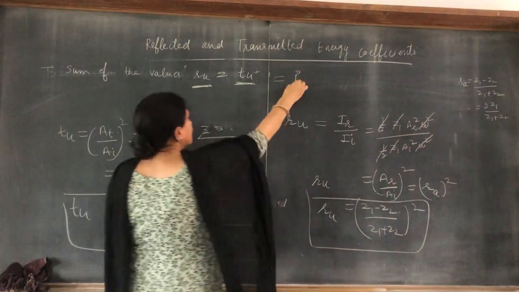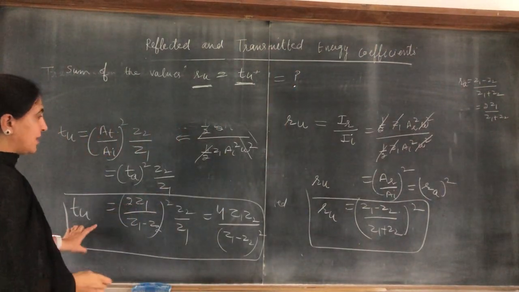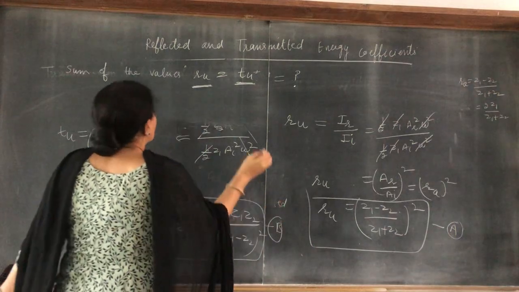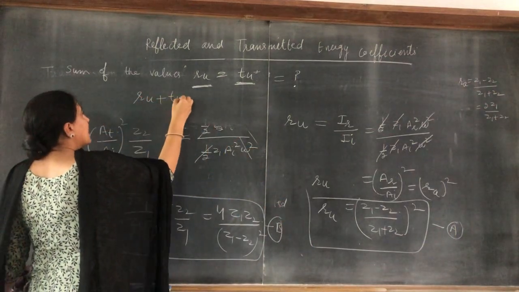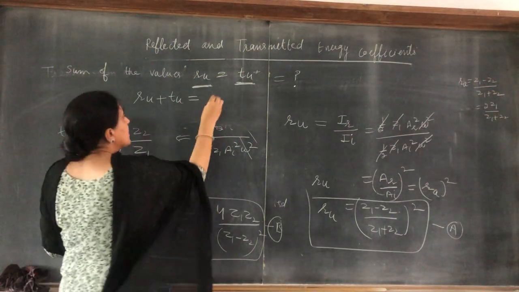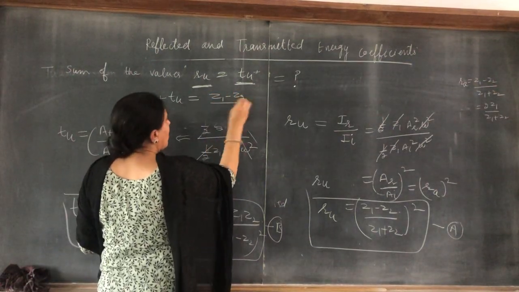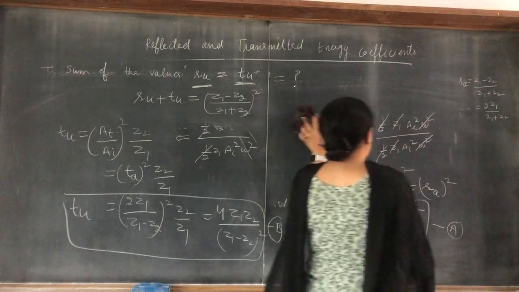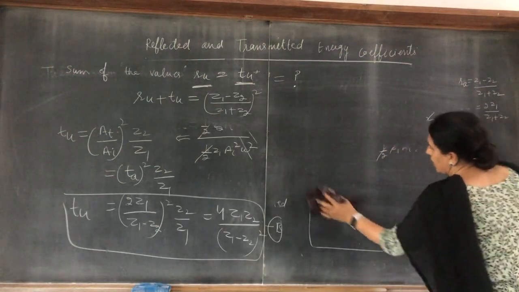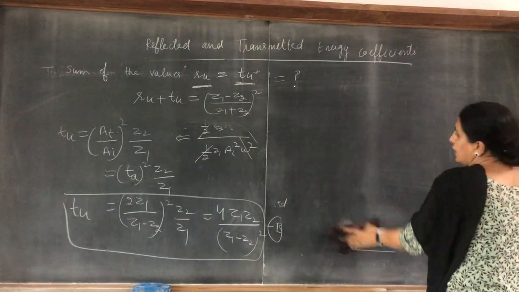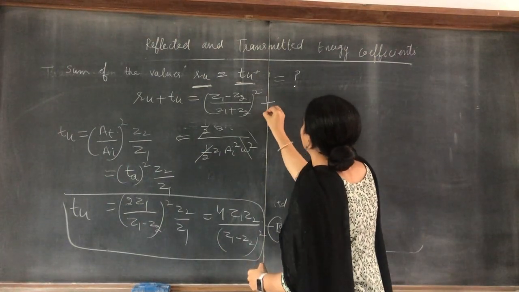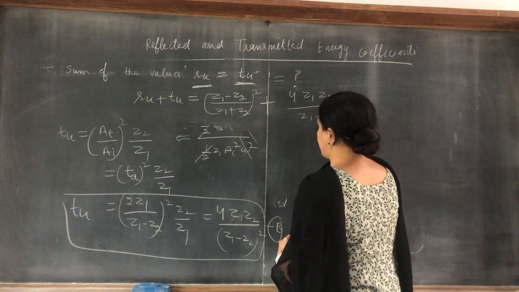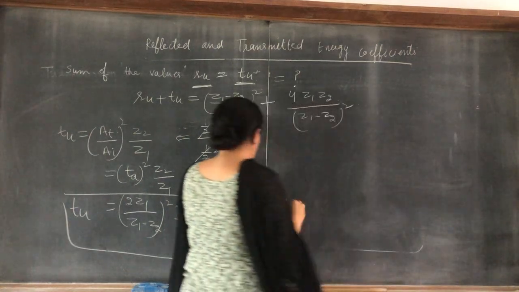Taking this equation as equation A and this as B, Ru plus Tu is equal to Z1 minus Z2 upon Z1 plus Z2 whole square, plus the value of Tu, which is 4Z1 Z2 divided by Z1 plus Z2 whole square, A plus B.